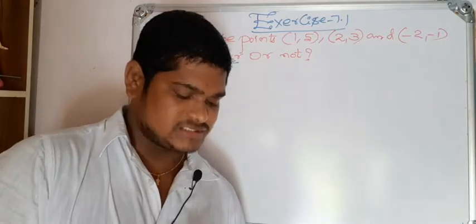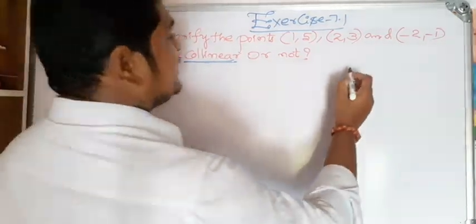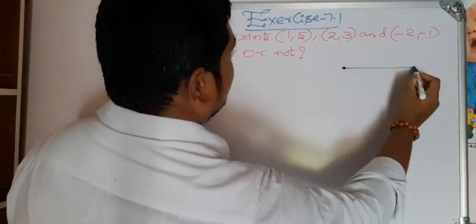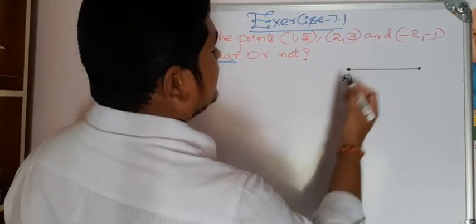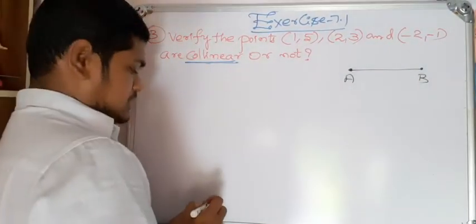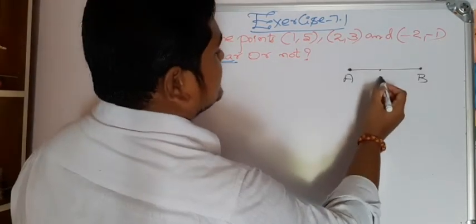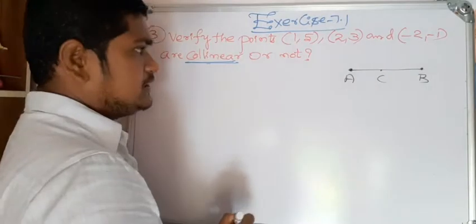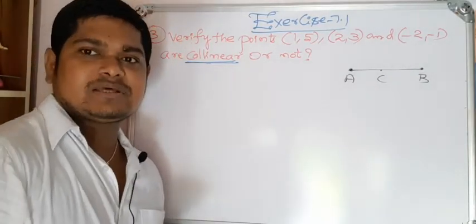See here, for representing any line segment or line, we need 2 points. I will take one line segment, with this end denoted as A and this one as B. Now I consider a point between these two, that is the point C. Let us discuss with an example.